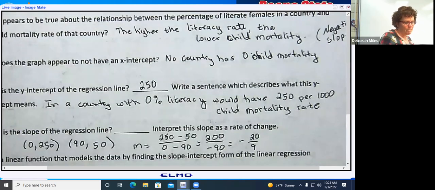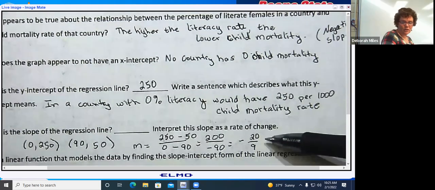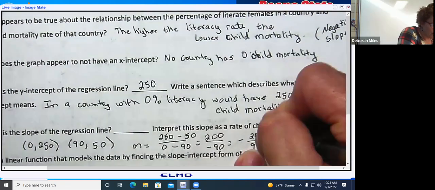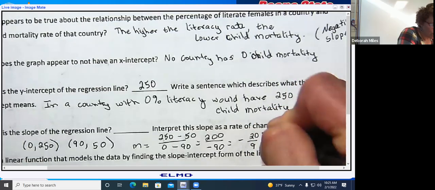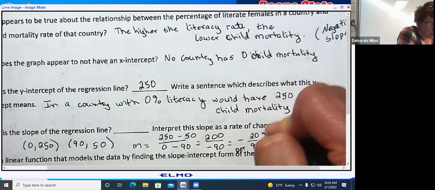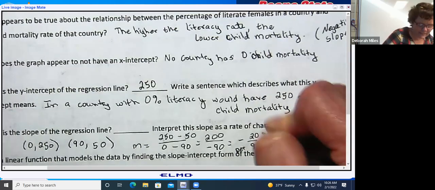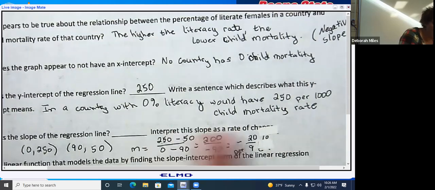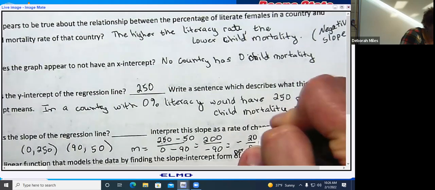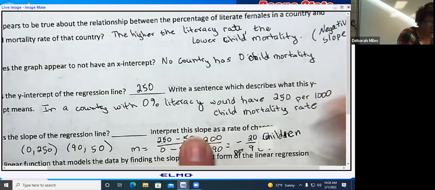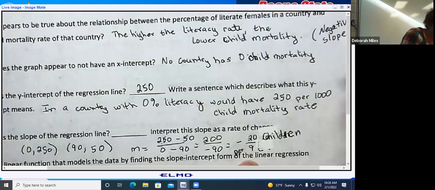We're out of time, but you could say what this is, because the 20 is the units on y, that's 20 children per 9%.